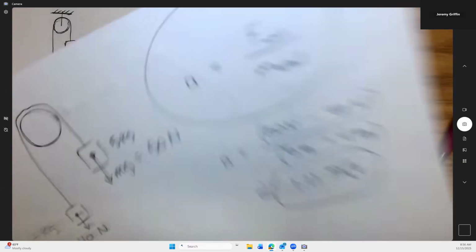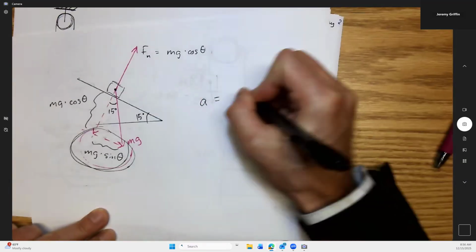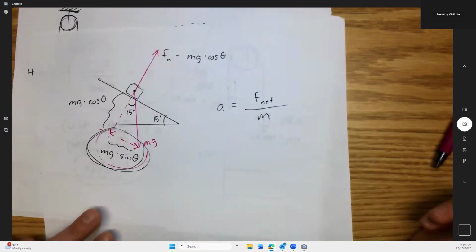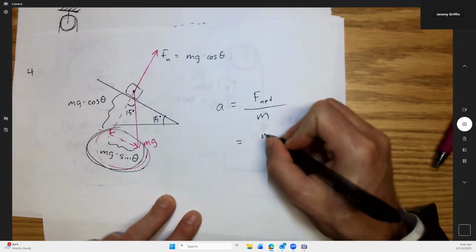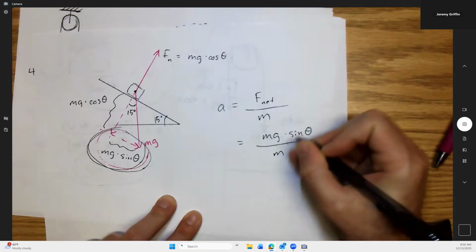Same as we did before, we're going to go through Newton's second law. Acceleration is net force over mass. And the net force in this case is mg sine theta, over the mass of the block.